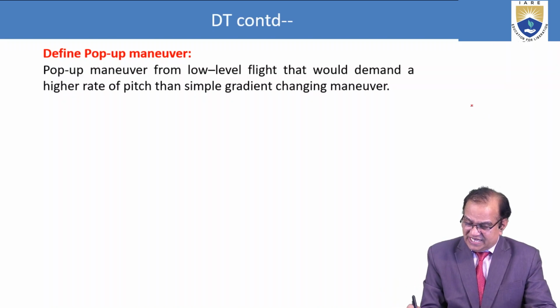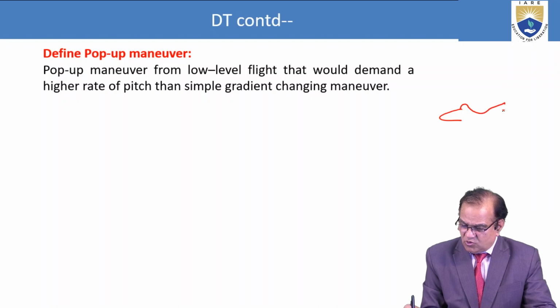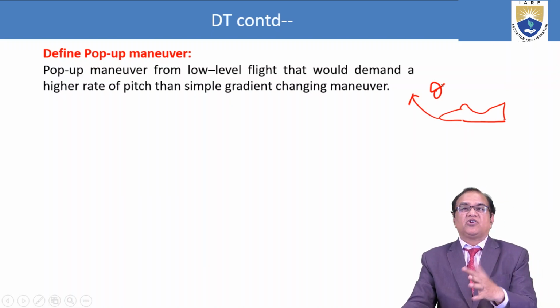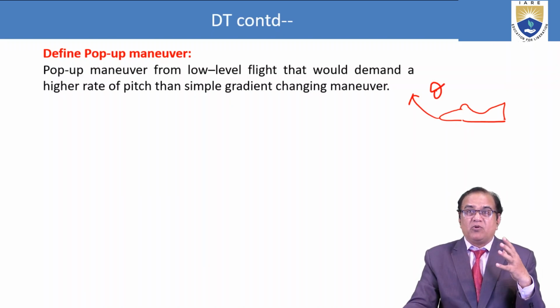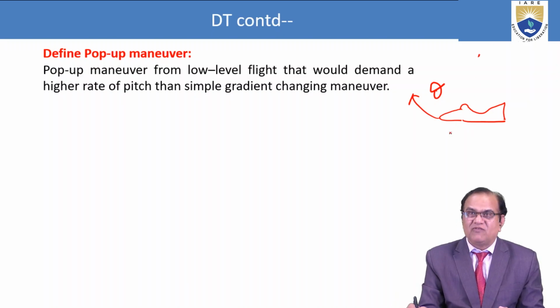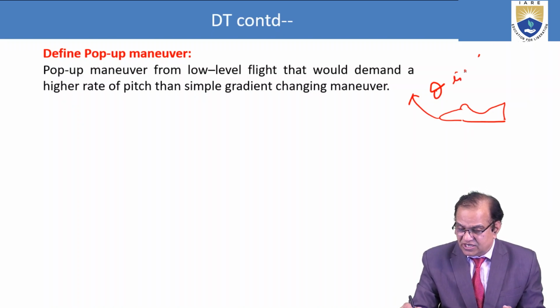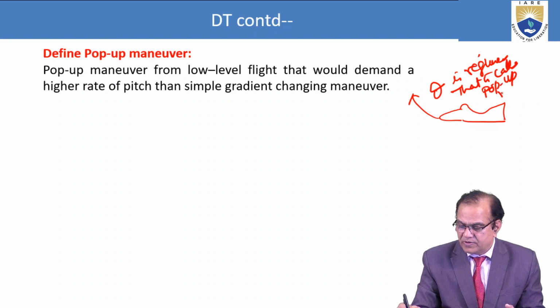So if you change your pitch angle, that is theta, much more than required, you are at low-level flight and you have to change theta more than the simple gradient changing maneuver requires. When more theta is required, that is called a pop-up maneuver.